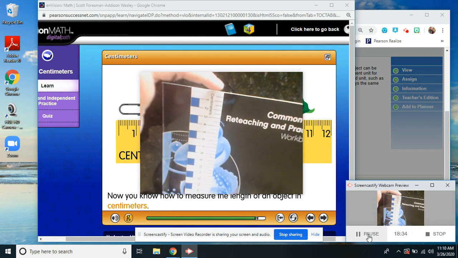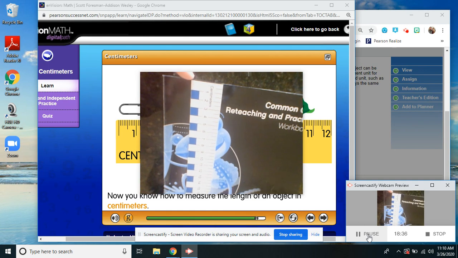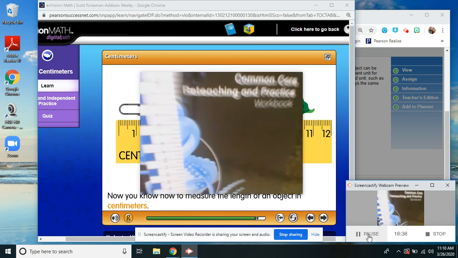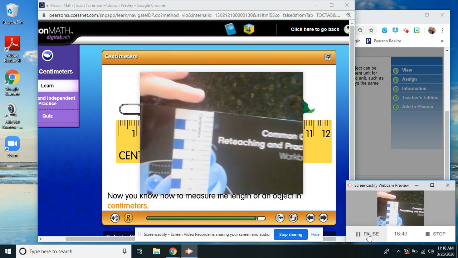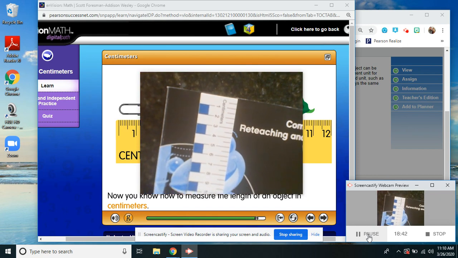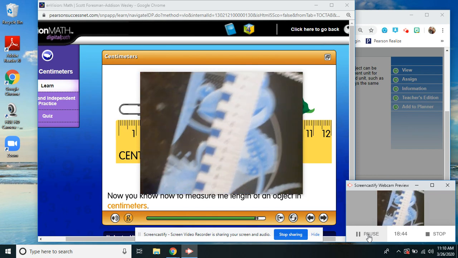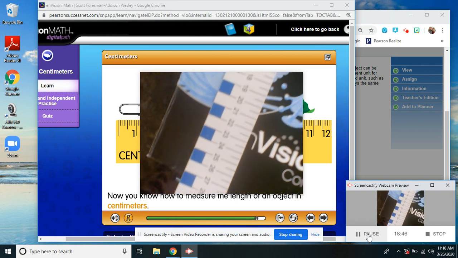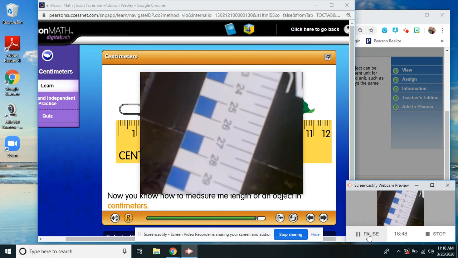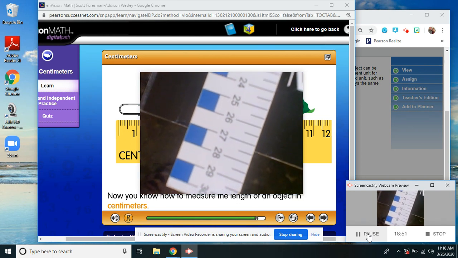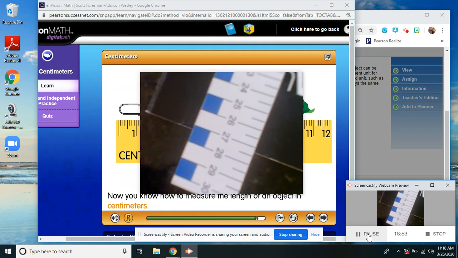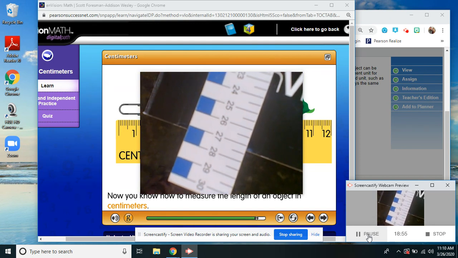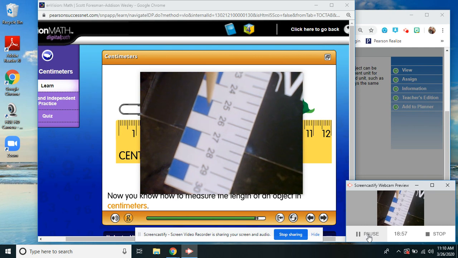This edge of this ruler represents 0, and that's where the starting point of our workbook is. So as I measure all the way down here, look at that, I am in between two numbers again. This happens a lot. This is why we need to practice measuring in centimeters and inches.